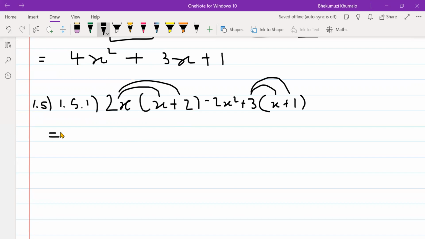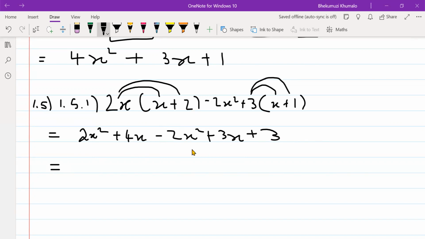So let's do it. 2x times x is 2x squared. And then we have 2x times 2, that is 4x, minus 2x squared. And then we have here 3x plus 3, right?